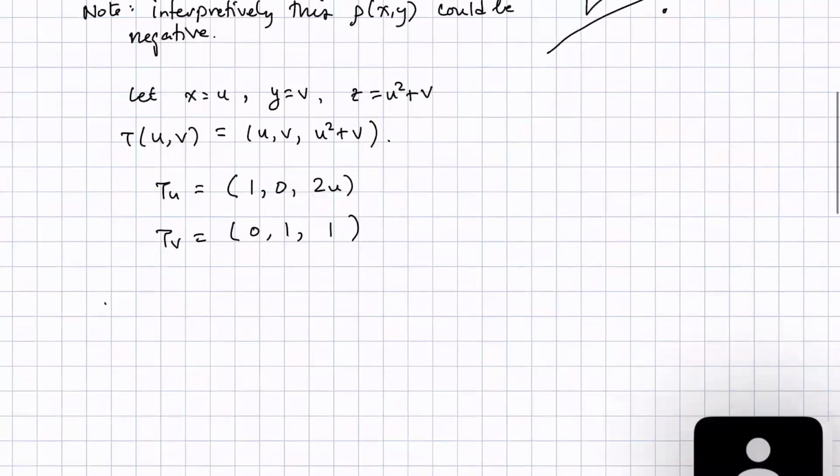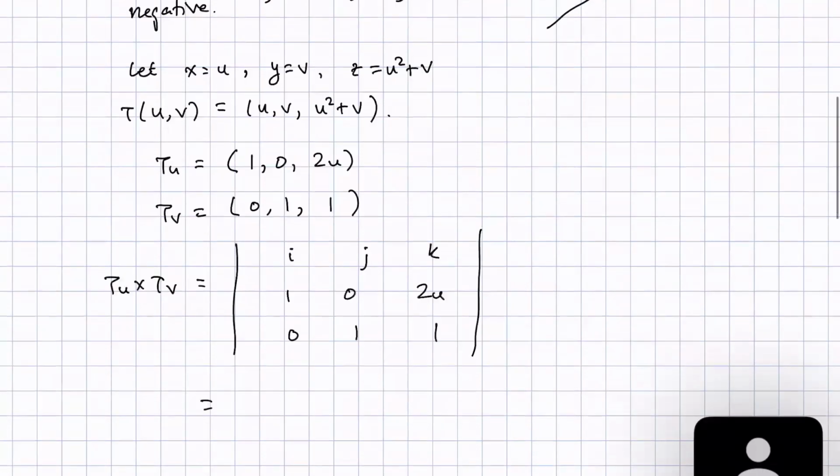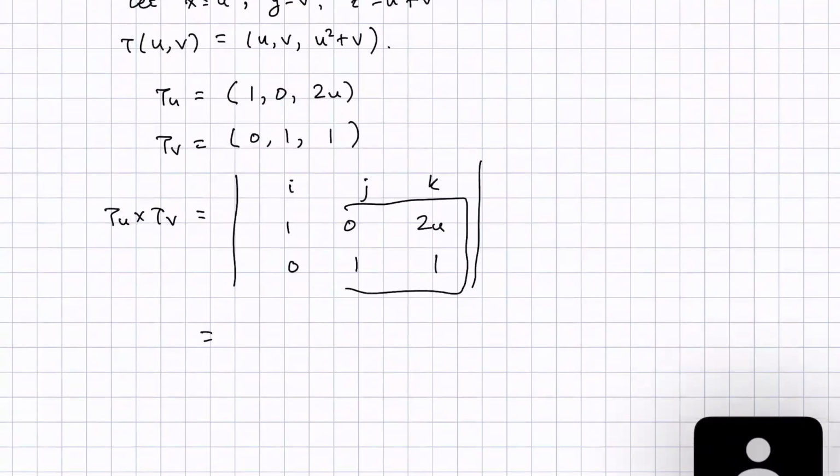Now let's compute the cross product. I have i, j, k, then 1, 0, 2u, then 0, 1, 1. So the i coordinate looks at this square right here. This gives you a minus 2u. The j coordinate looks like this piece right here. So that's a 1, but then there's an inherent minus sign in the j coordinate, so it's a minus 1.